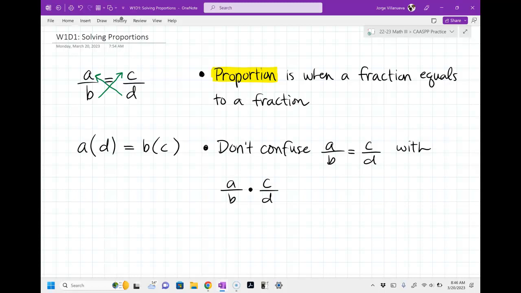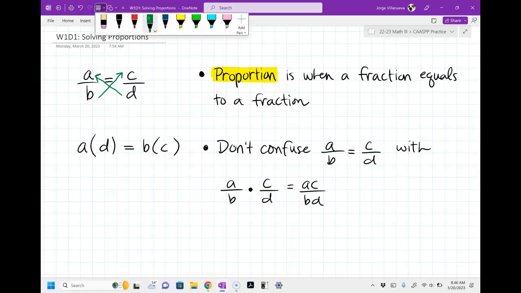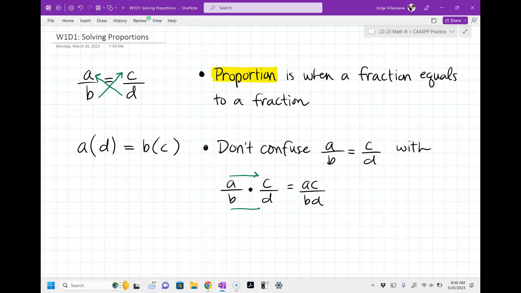If it's not an equal sign, this equals AC over BD. That's different. That you multiply straight across. Multiplication, you multiply straight across. You don't multiply it diagonally. But when you have fractions equal to other fractions, then you multiply diagonally.